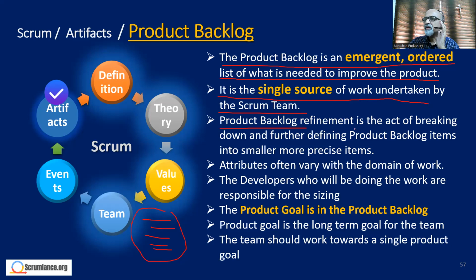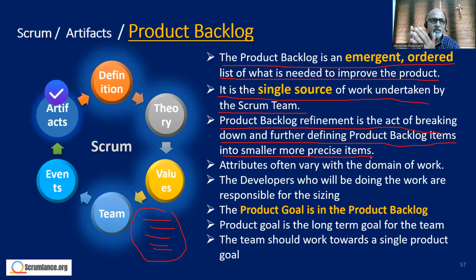Product backlog refinement is the act of breaking down and further defining the product backlog items into smaller, more precise items. So we may start with epics, which are at a very high level.